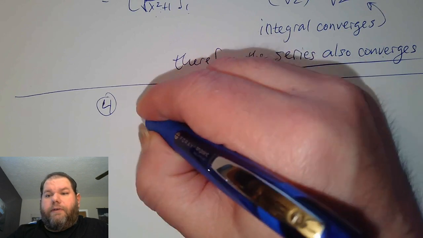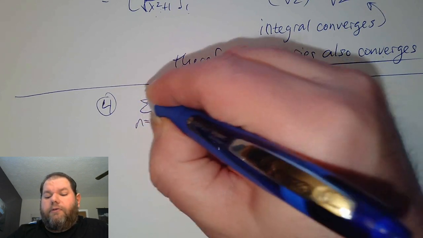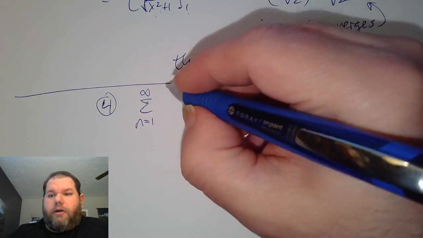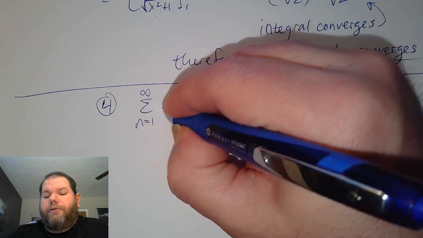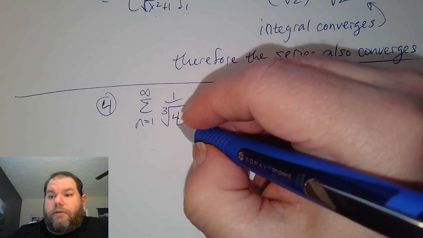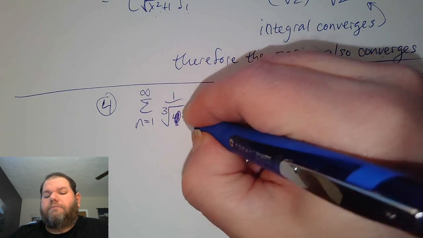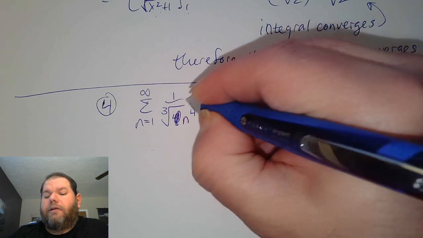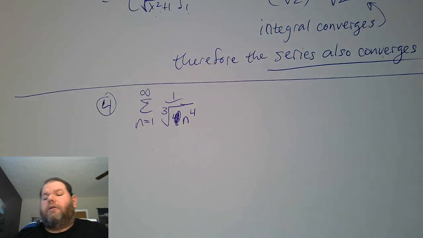So 4, we have the sum, n equals 1 to infinity, of 1 over the cube root of n to the 4th power.